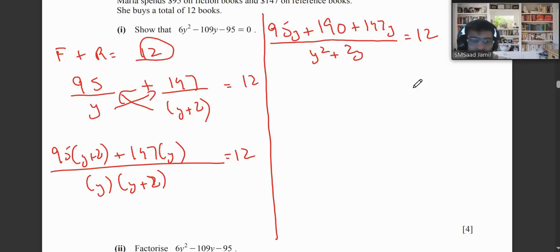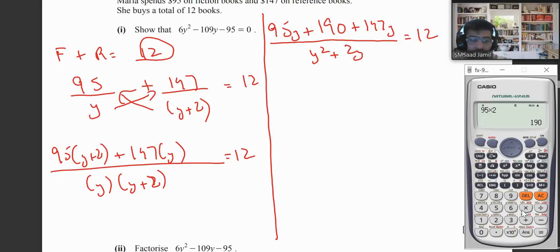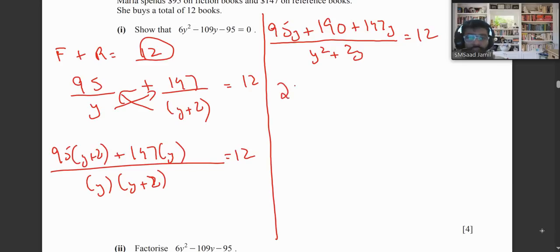So 95y plus 147y, 95 plus 147, that's 242y. 242y plus 190 is equals to 12 multiplied by y square plus 2y.